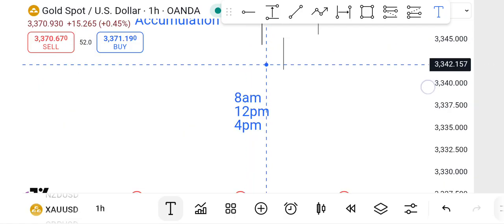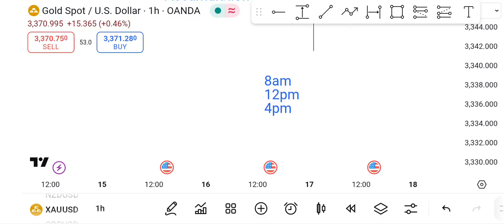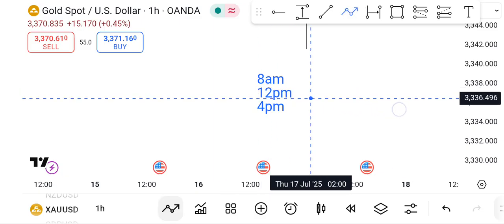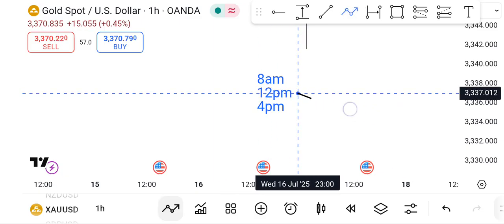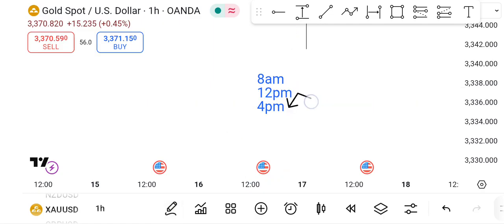So guys, every day at 8 a.m. there is a candle structure, a CRT structure that is formed. The same goes for 12 p.m. and 4 p.m. and vice versa.